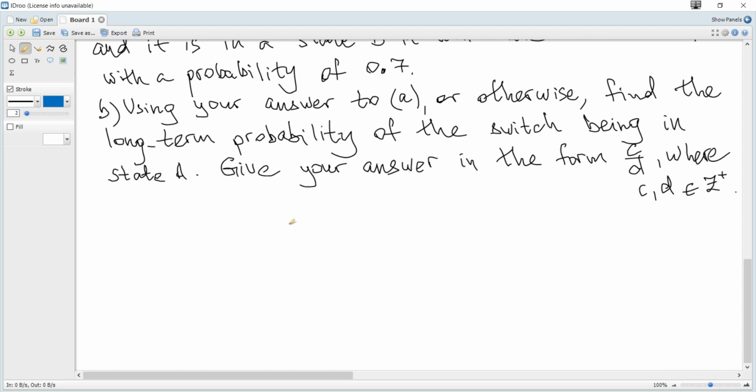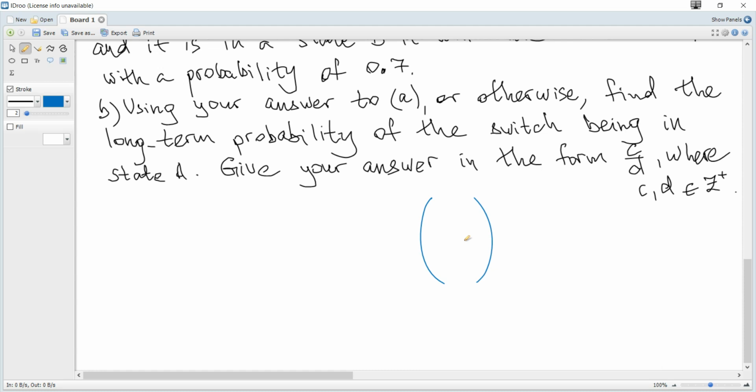And another question is: during a long period of time, we can find a ratio in amounts of time that A and B are operating, approximately, or the percent of time that A is operating and B is operating during a long period of time. Such two questions. And notice that it doesn't depend on the initial state.